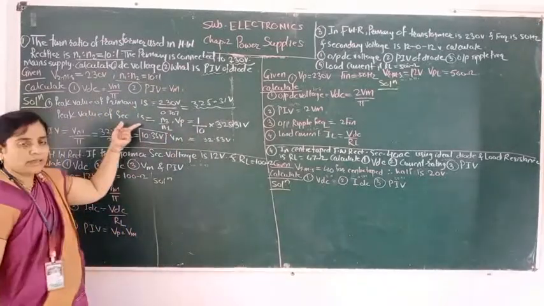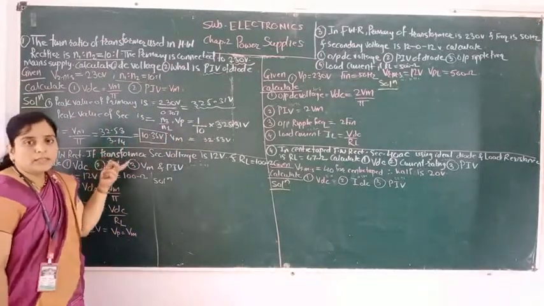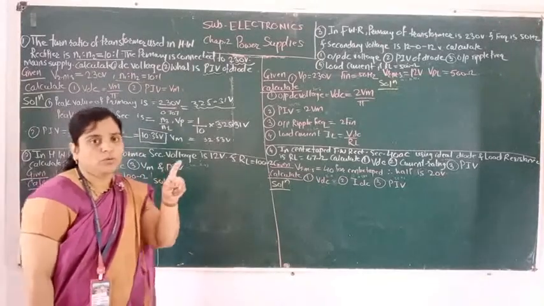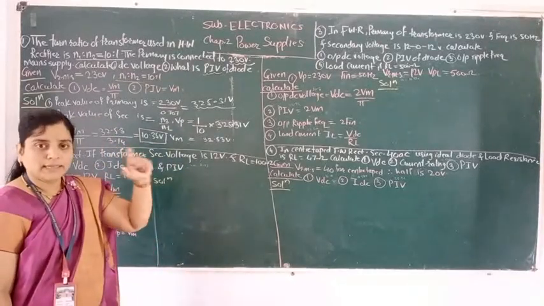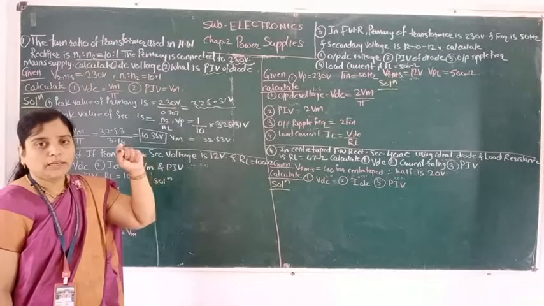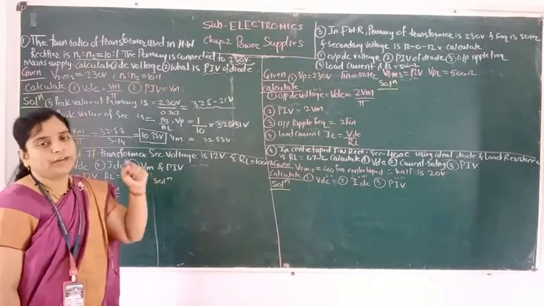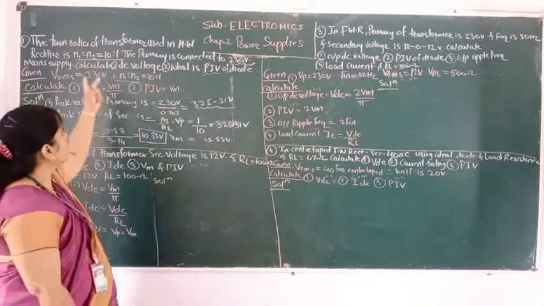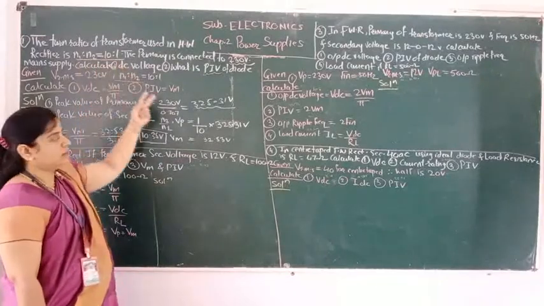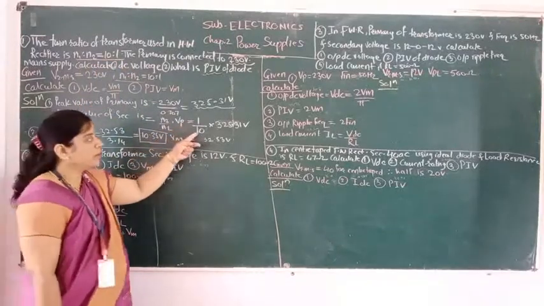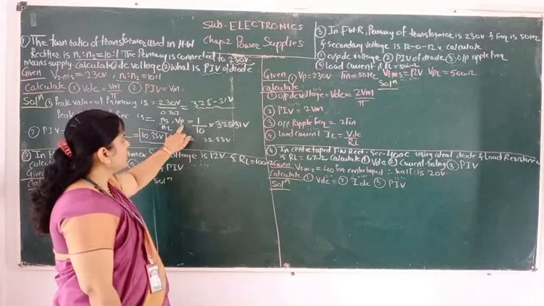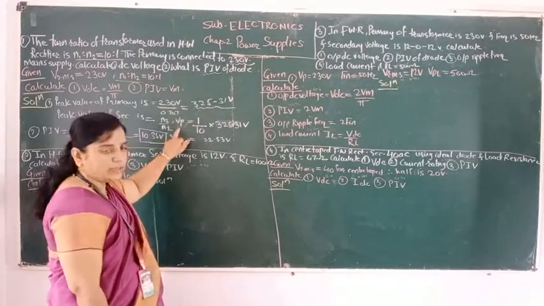Similarly, we can calculate the secondary. The turn ratio of the secondary number of turns is N2 divided by N1. The ratio is given here as 10:1. That we have to use here. Then the value of this primary voltage. This Vp is not the peak voltage.